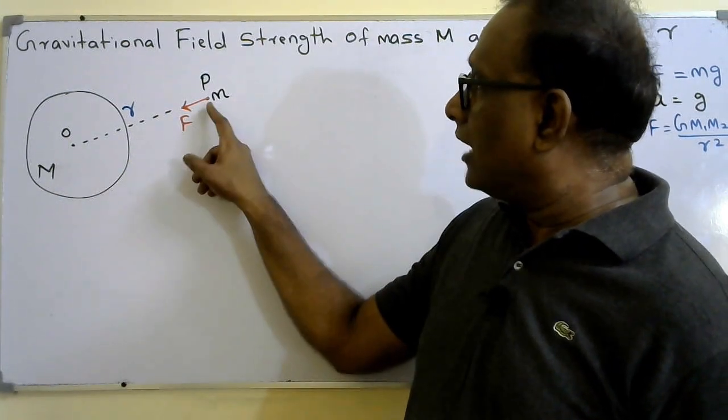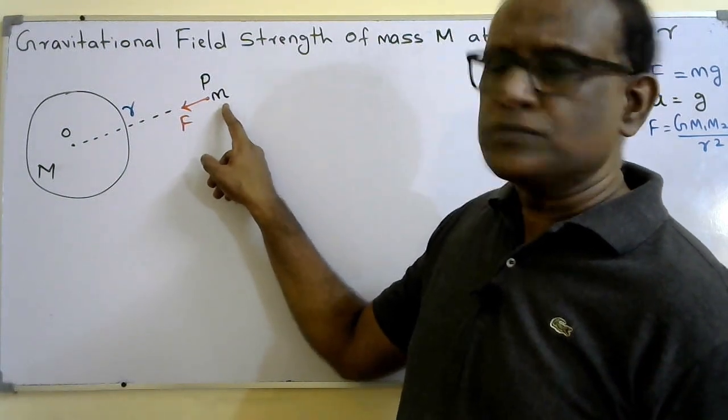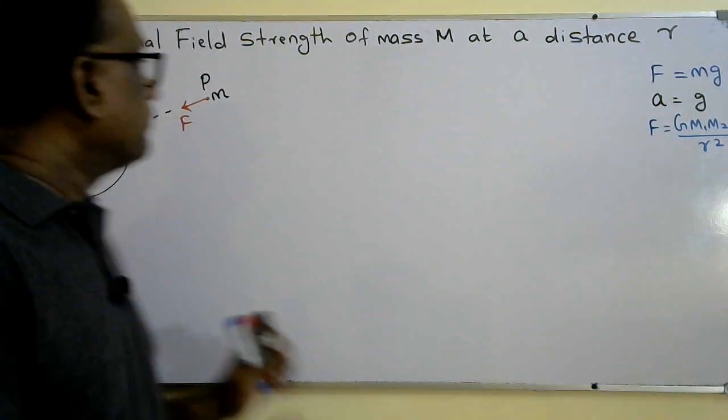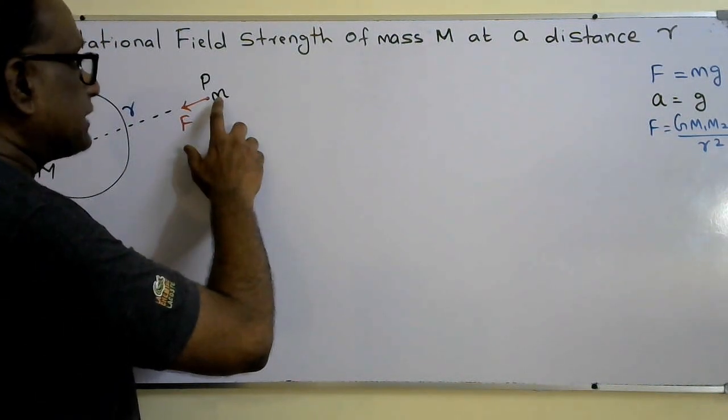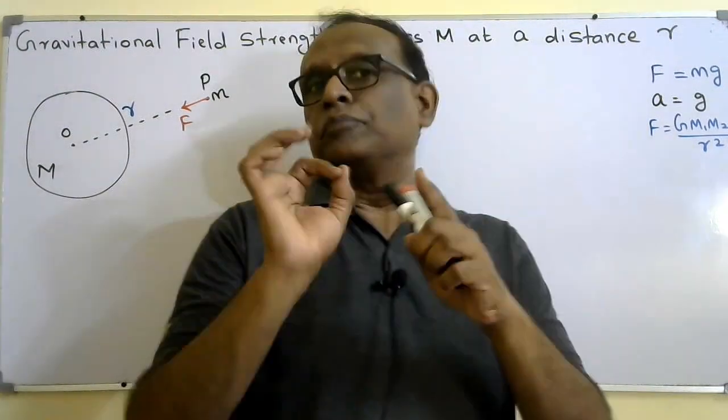At a distance r we imagine a point P, and at that point a small mass m is kept. The only force acting on the small mass m at point P is the gravitational force, and we are going to find the equation for the gravitational field strength at point P.